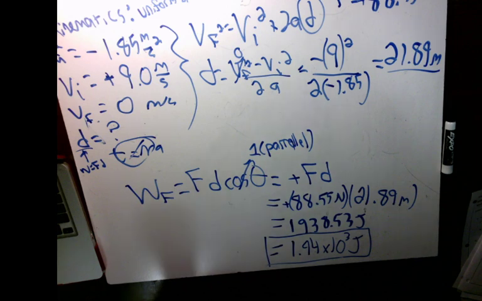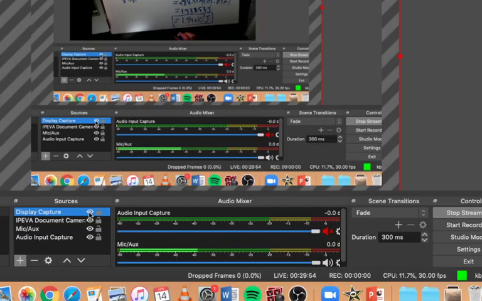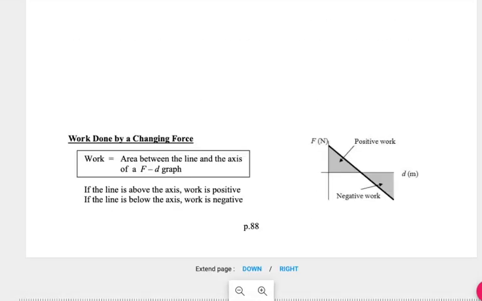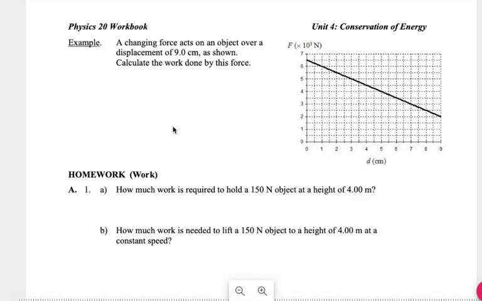Okay, one last question for this lesson. I'll do this one on the screen here because it's a lot easier than me drawing it by hand. So, throwback to our kinematics and finding area under graphs, right?